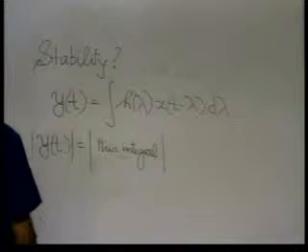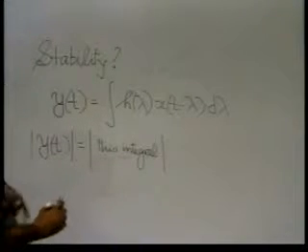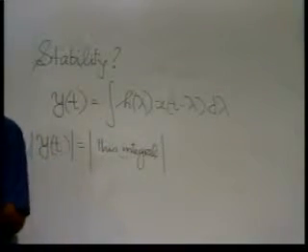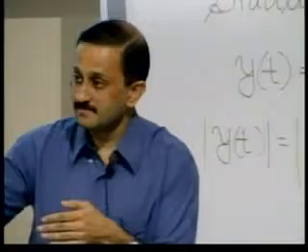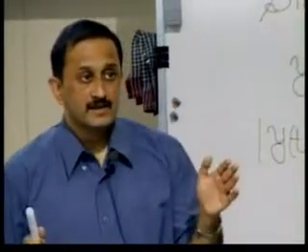Alright? But if you think of the integral as a limit of many summations, then it is very clear that the modulus of a sum is less than or equal to the sum of the moduli.